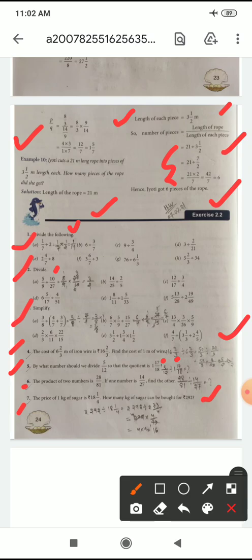How many kg of sugar can be bought for 292 rupees? Children, like this you divide. Then we get the answer: 16. So 16 kg of sugar can be bought for 292 rupees.